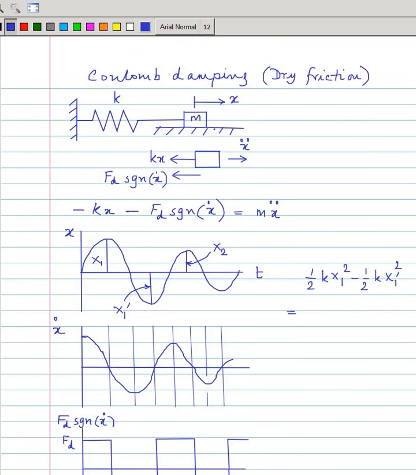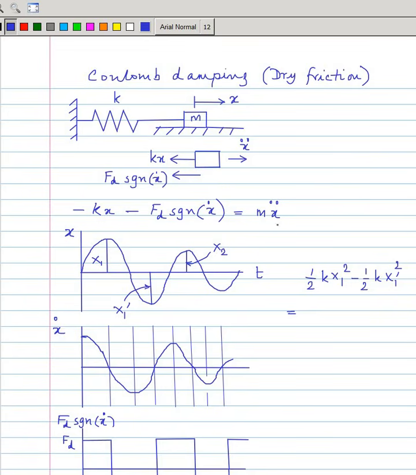As the direction changes, the direction of the friction force changes. The friction force is constant, but the direction of it changes depending on the direction of motion. So Fd is mu N, times sign of x dot.